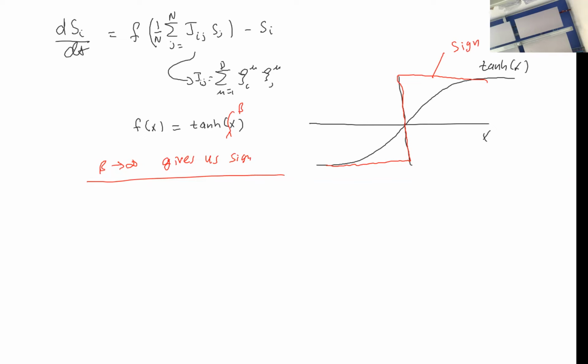Okay, so now, because we have this tanh and not a sign function, our old hypothesis that S_i equals squiggle i mu can't hold, because these S_i in equilibrium are going to be different from plus or minus 1. Instead we define overlaps.